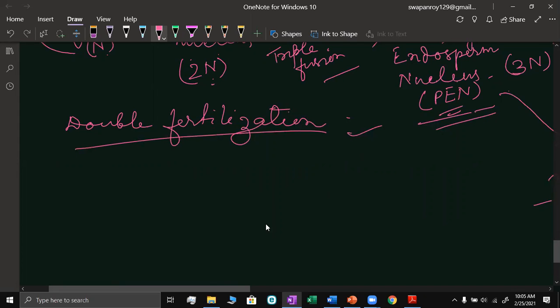Double fertilization is a unique feature of angiospermic plants.